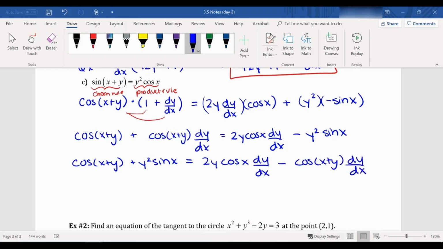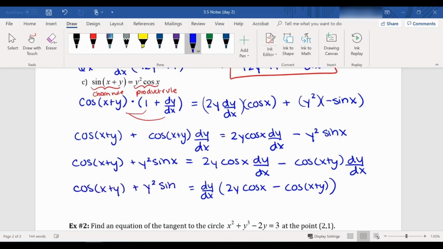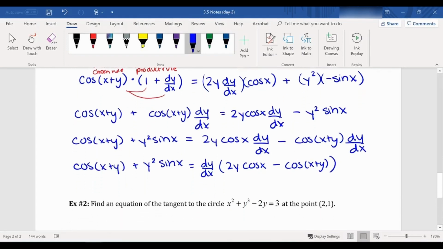On the right, I can now factor out a dy dx. The left side would stay the same. And so my last step is going to be to divide by all the stuff that's on the right so that I can isolate my dy dx.